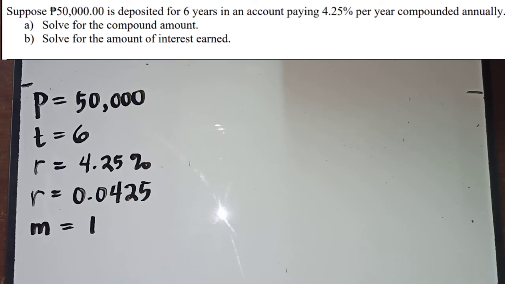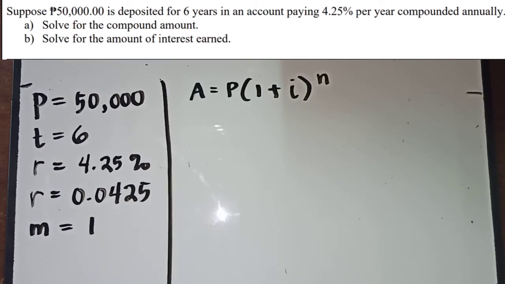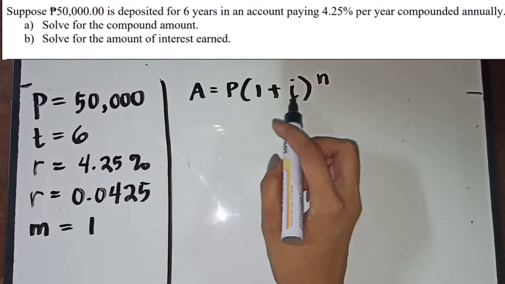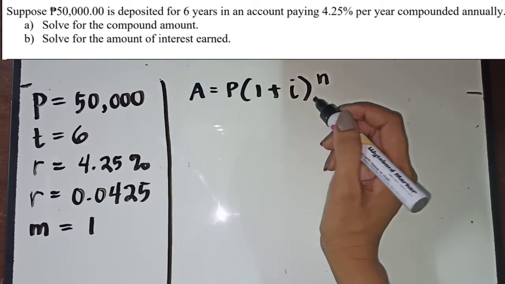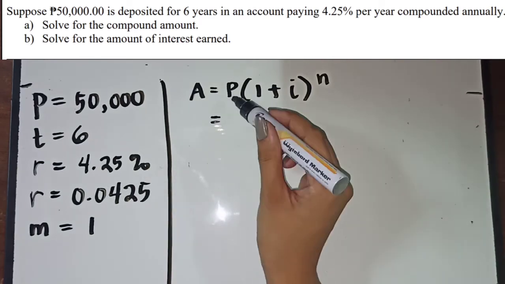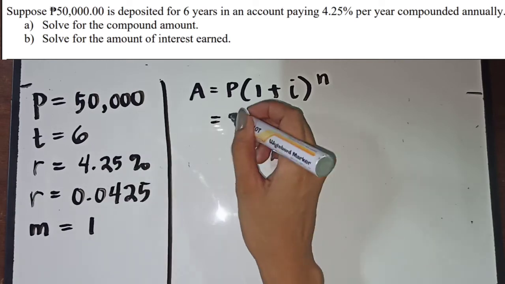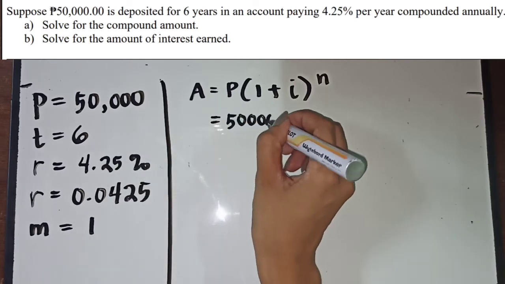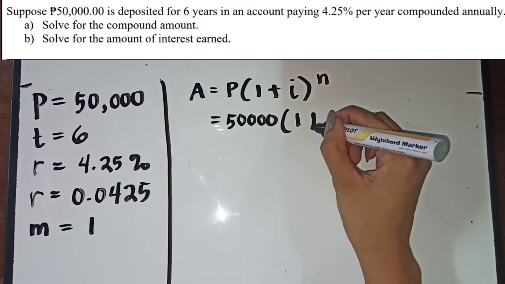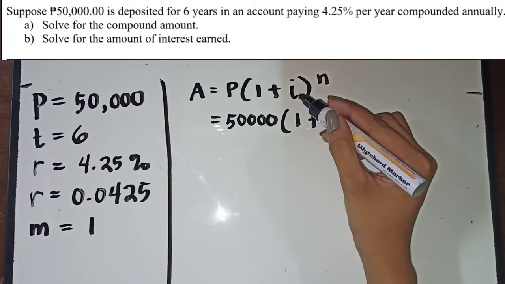Since meron na tayong mga value or yung given natin is na andito na, pwede na tayo mag-proceed sa pag-solve. Okay, so again, to solve for the compound amount, we have A is equal to P multiplied by 1 plus I raised to N. So just substitute the given. The value of our P is 50,000. Then multiply by the quantity 1 plus, what will be the value of our I?